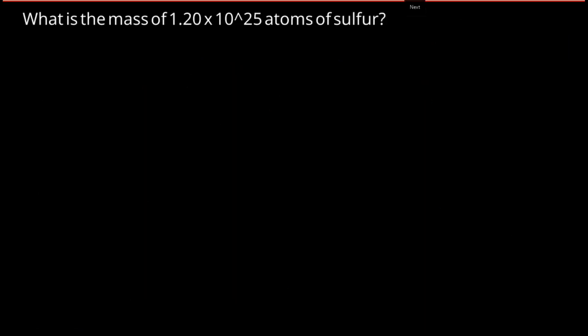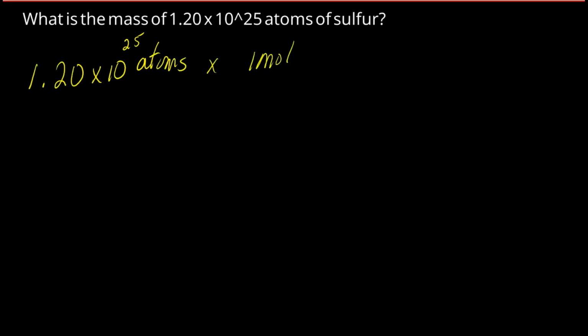Okay, so what's the mass of 1.20 times 10 to the 25th atoms of sulfur? So if I have 1.20 times 10 to the 25th atoms, multiply it times 1 mole of sulfur divided by Avogadro's number.